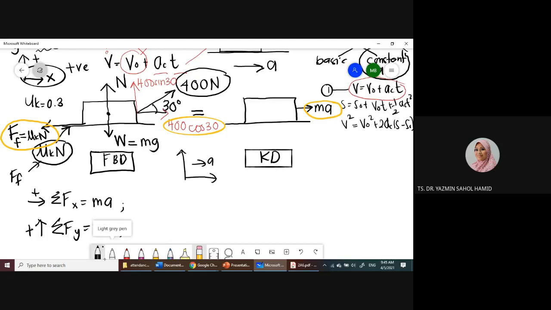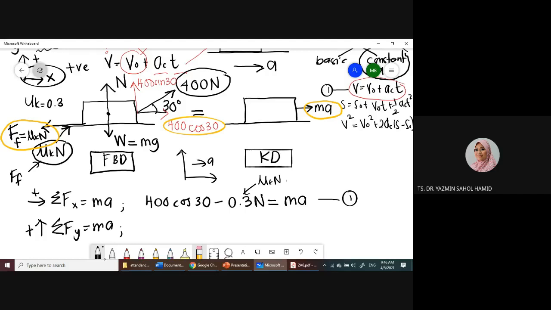So when you write it down, let's do this first: 400 cos 30 because this is positive. And our mu k N is negative, so minus 0.3 N, equals to ma. Should ma be positive or negative? Positive. Yes. There you got your first equation.